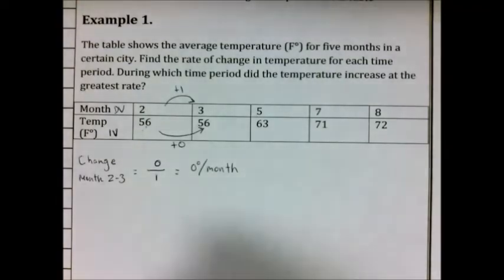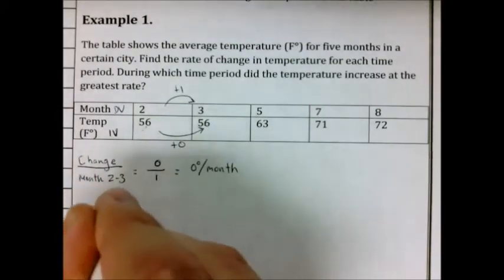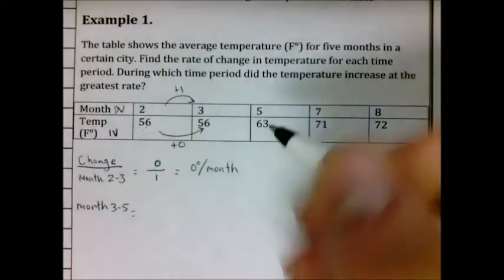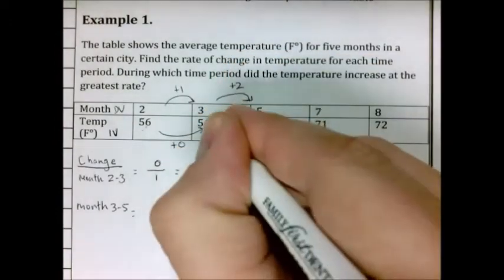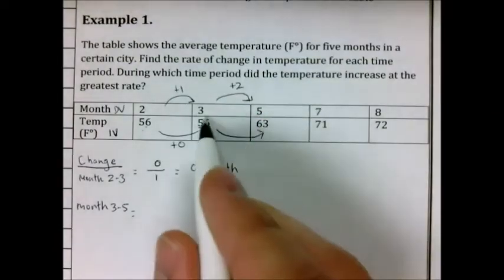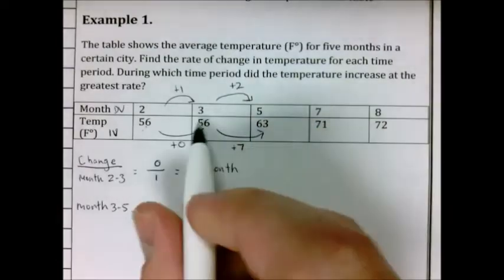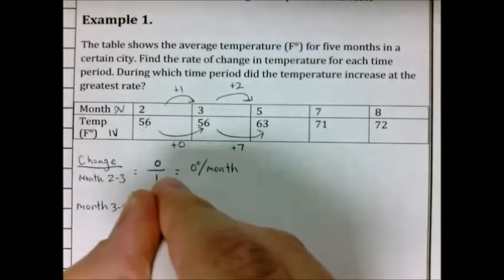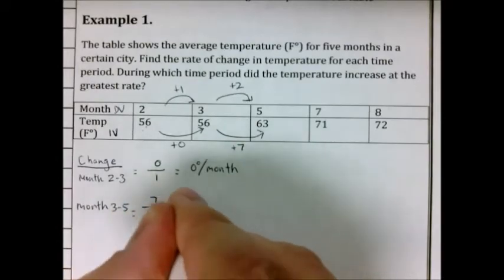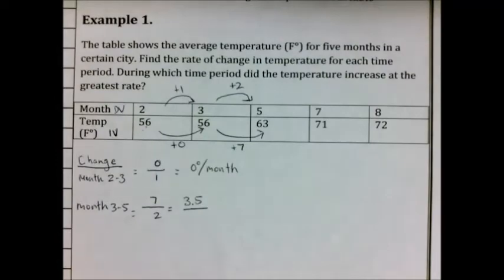Okay. Now we can do the exact same thing from month 3 to 5. We're adding 2 months, and for the degrees, 63 minus 56 is a change of 7 degrees. We're adding 7 from 56 to get to 63. So that change is 7 over 2, which reduces down to, remember, rate of change we want to have a denominator of 1.